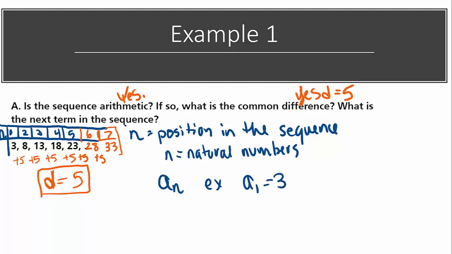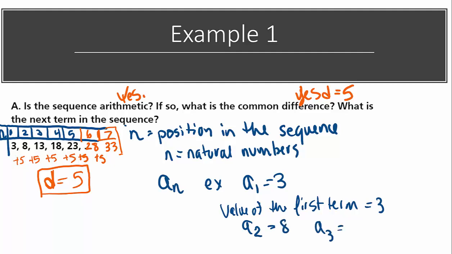So the value of the first term is equal to 3. A sub 2 would be equal to 8. A sub 3 would be equal to 13. A sub 6 would be equal to 28.